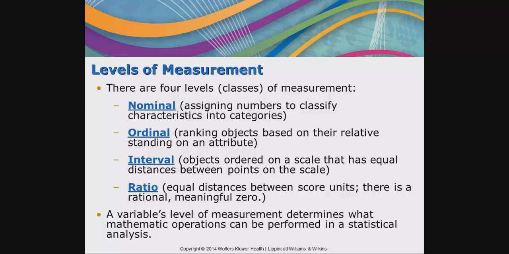It might be anxiety level, being mild, moderate, severe, or a category. Then there's interval, where there's going to be a scale, like thermometers or weight will be on interval. Then ratio is going to be a scale, but it's got total absence as part of that, a meaningful zero, like my bank account. There you go. So, know about or recall about these 4 levels of measurement.